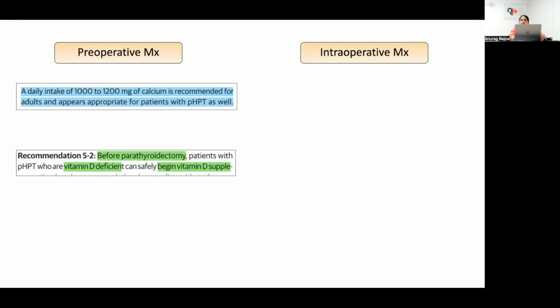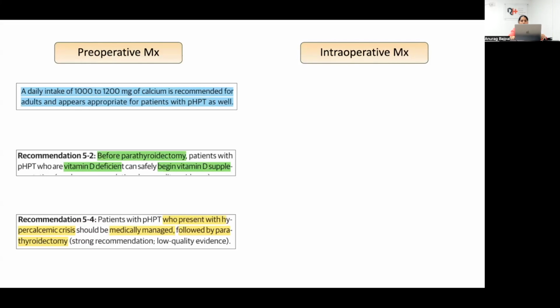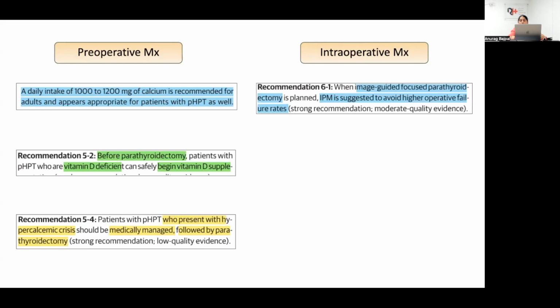If before the parathyroidectomy the patients are vitamin D deficient, they should be supplemented with vitamin D. Patients who present with hypercalcemic crisis should be medically managed with hydration, then furosemide, cinacalcet, followed by parathyroidectomy.